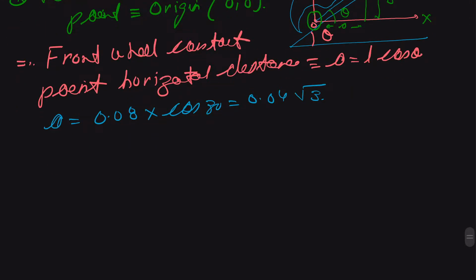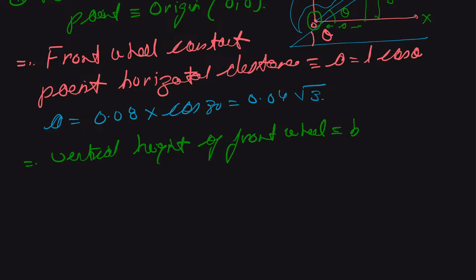And we can say that our vertical height of the front wheel, which is B, will be equal to L sine of theta.